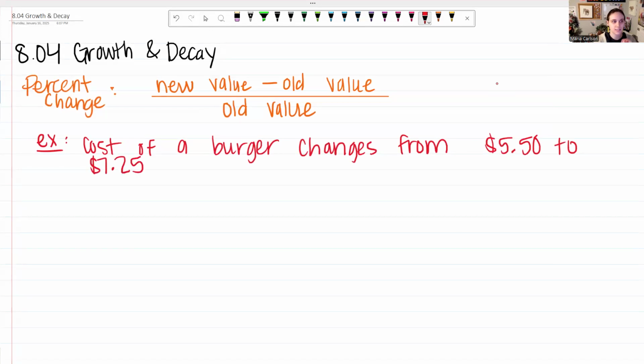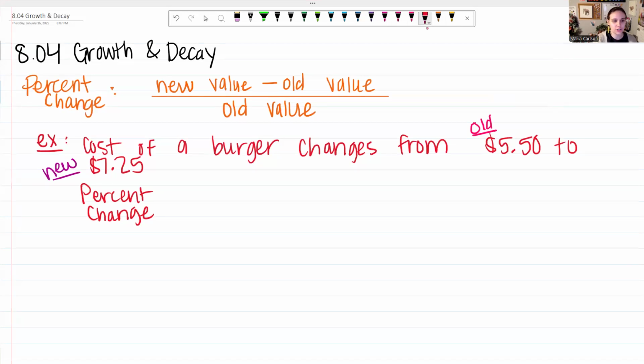So let's find this percent change. So the percent change, in this case, it's an increase because we are going up from originally $5.50. So that's the old price, and the new price is $7.25.